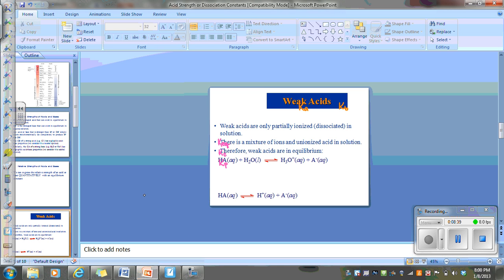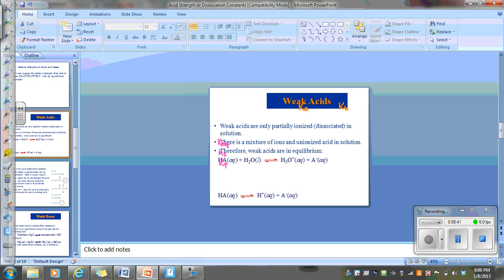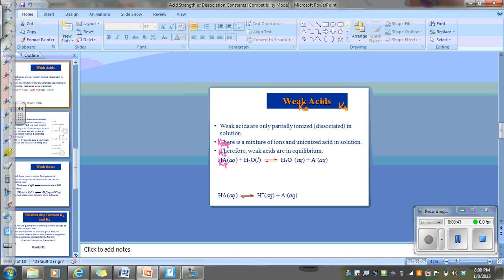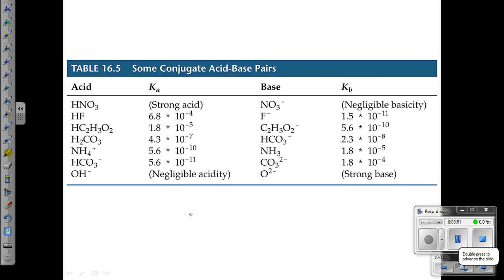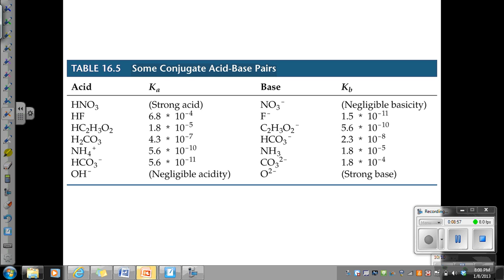Now, I want to go back to this PowerPoint because I want to show you a table that has Kas and Kbs listed for a variety of substances. You have a table like this in the back of your book.